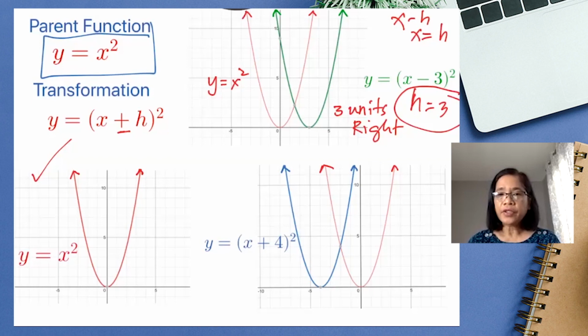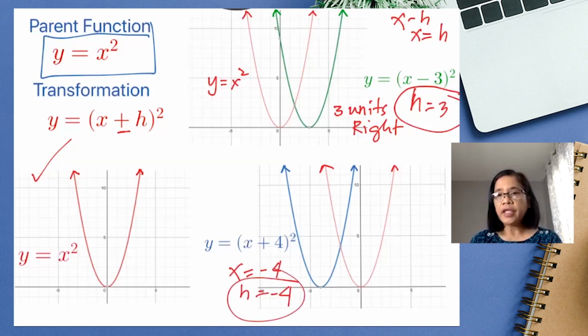Now let's compare to the graph of the function when h is negative. So if we solve for h here, when you have x plus h here, you actually solve for the value here of, h here is negative 4.